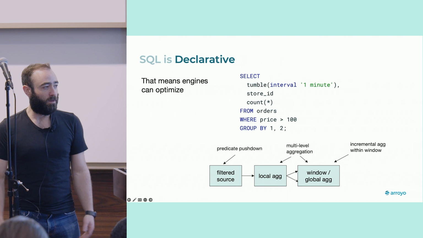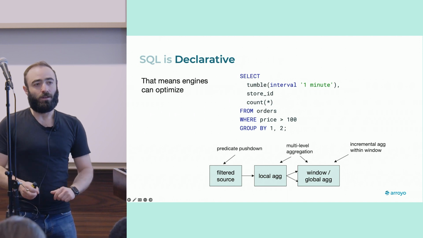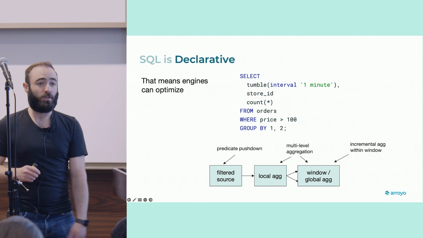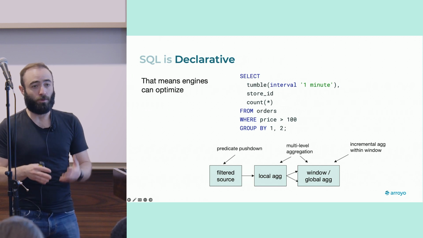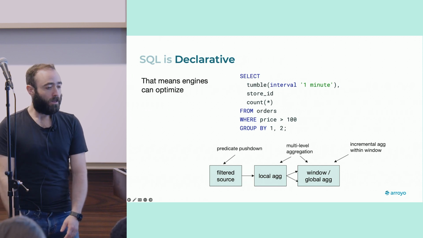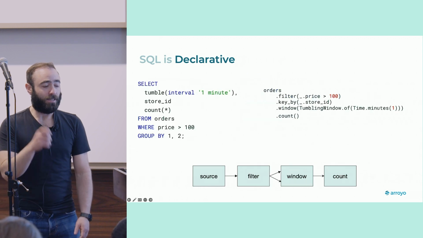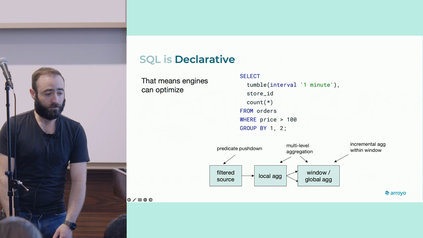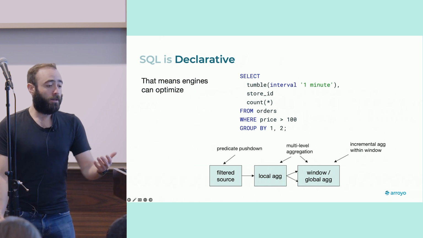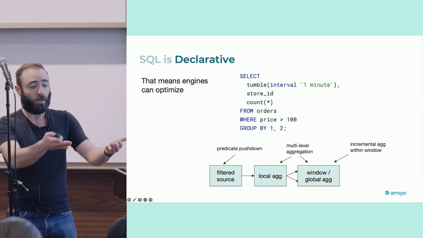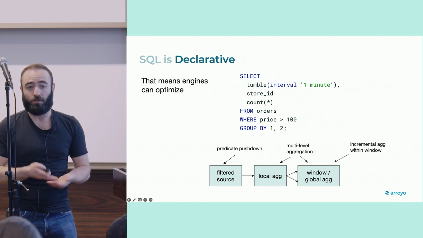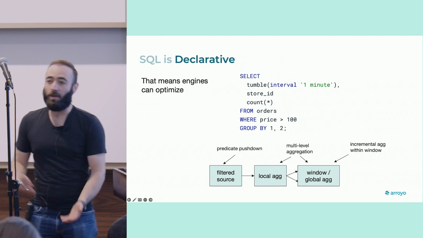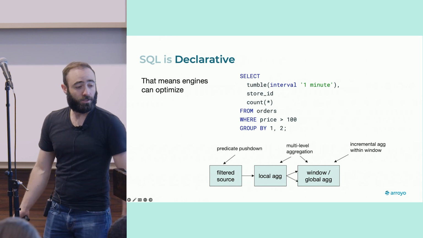So basically, being able to compute some of the aggregate on one side of the shuffle before we send all this data around the network, and then the other part after we've already reduced it after the shuffle. But when the user specifies it exactly as the graph, we don't have that flexibility to do these optimizations. And this just keeps getting better for users, right? Even if your database can't do all this stuff today, you can use the same SQL, and tomorrow it may be able to do some of these more powerful optimizations.